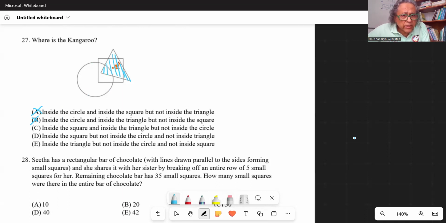If it is outside, then not inside, so we have cut that out. Option D says not inside the triangle, so it can't be. Now we have the two choices, C and E.